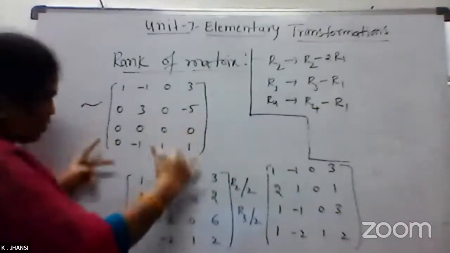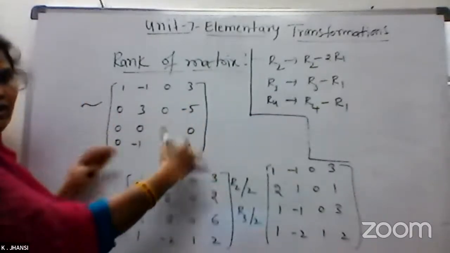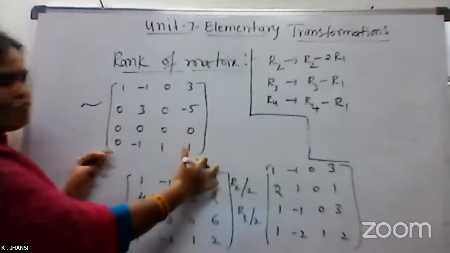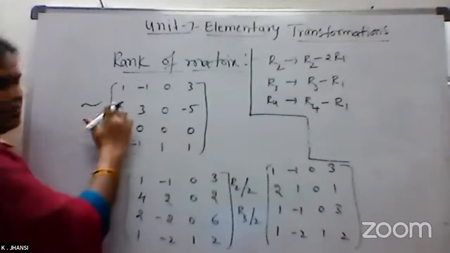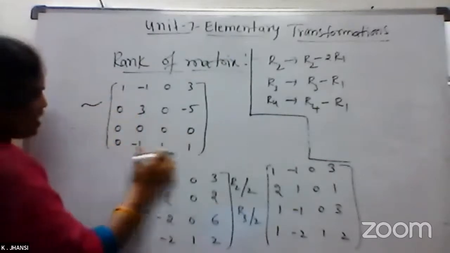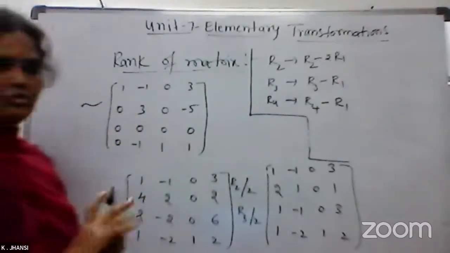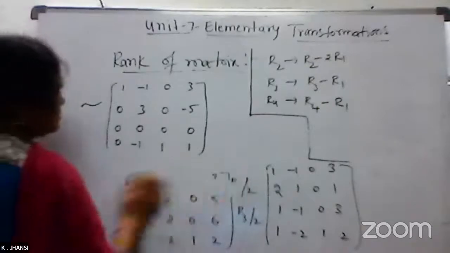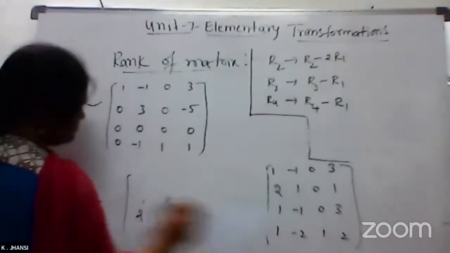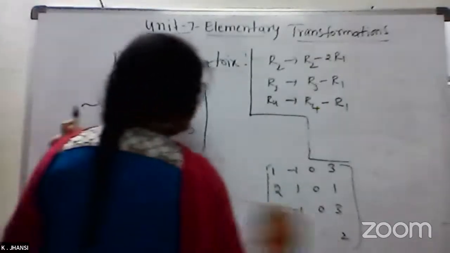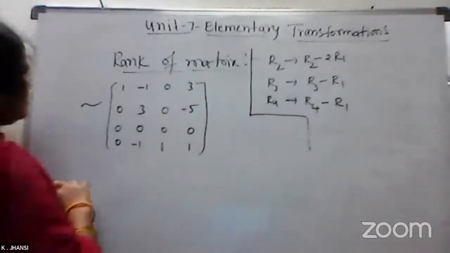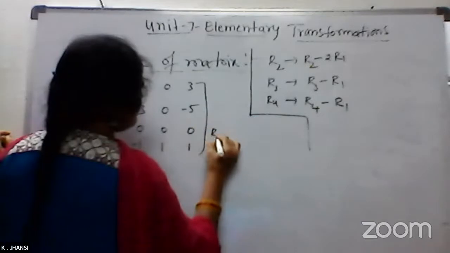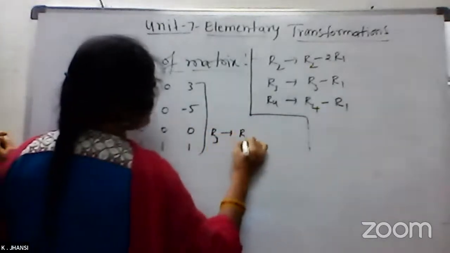If you take that row to R4, if you interchange R3 as R4, you will get the upper triangular, no? That means 1, 0, 0. Here all zeros you will get. So that is R3, you are converting as R4.